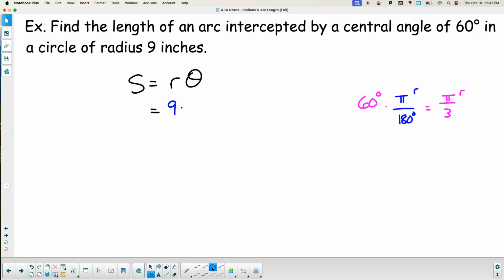So then this would become pi over 3. So my arc length would be 3 pi inches, or approximately 9.425.